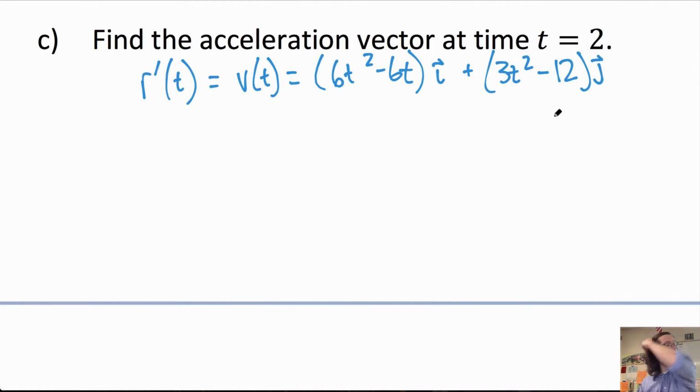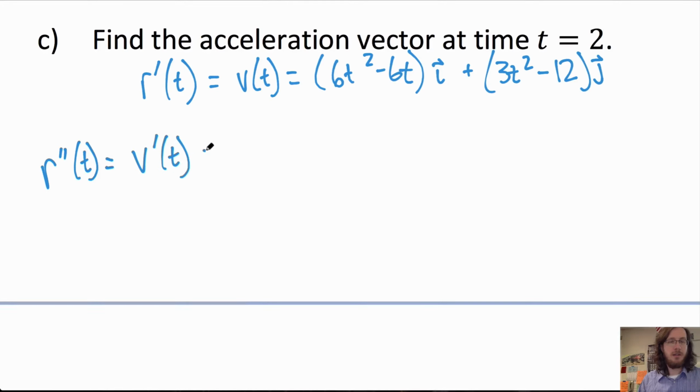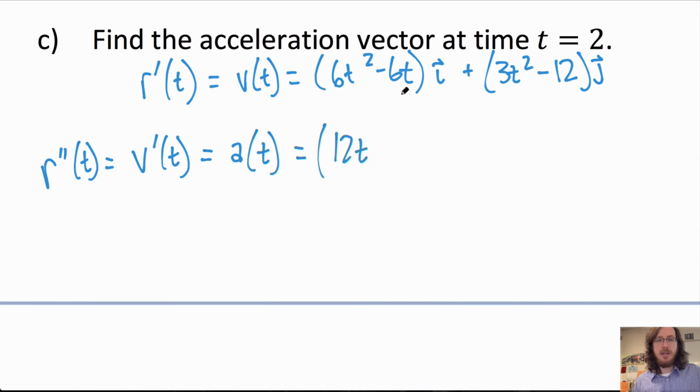To find acceleration, we want to take the derivative of velocity. So we want to find r double prime of t, which is v prime of t, which is going to give us our acceleration. Derivative of each of these, power rule, we get 12t minus 6. Power rule, we get 6t minus 0.